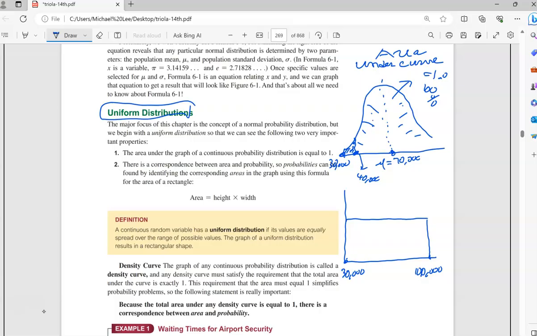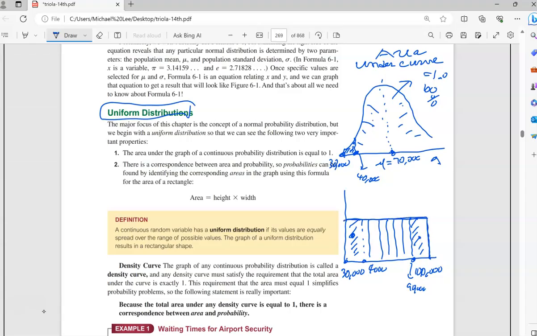So the percentage of 30 to 40,000 is the same as the percentage of 90,000 to 100,000. In the first one, the percentage of poor people is very small. In the uniform one, the percentage of poor people is the same as the percentage of middle people. Everybody, the percentage of making money is all the same.